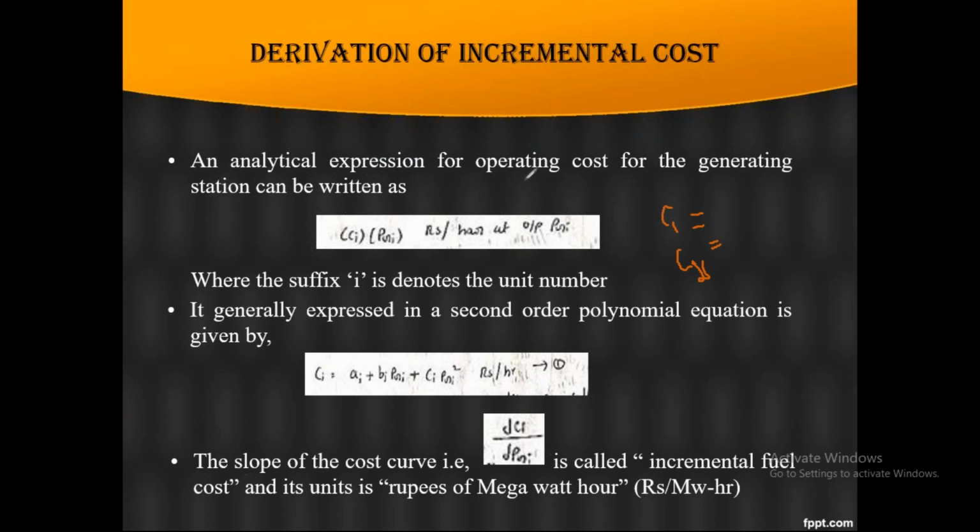An analytical expression for the operating cost of a generating station can be written as Ci, where i is the number of the unit and C is the cost, in rupees per hour, at the power output of that unit. Suppose we have two units, PG1 and PG2. Here C1 represents the cost incurred at PG1, and C2 the cost at PG2.